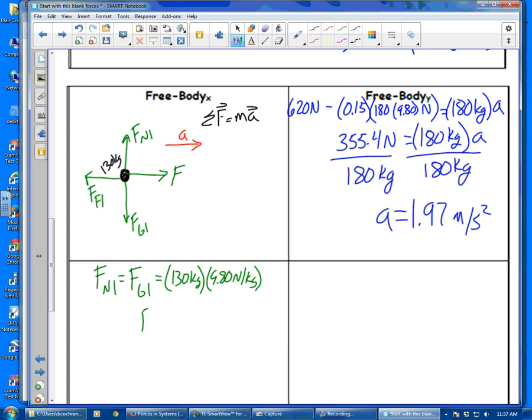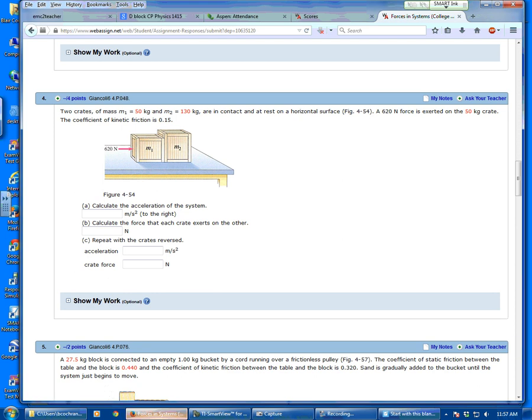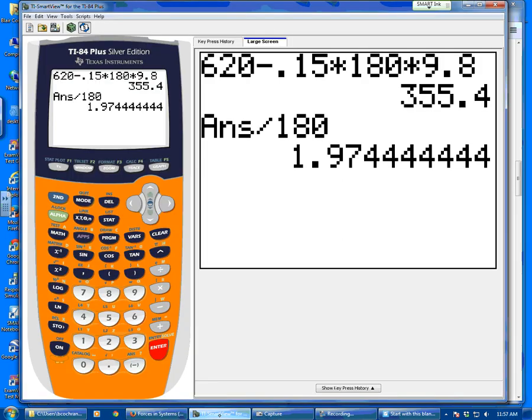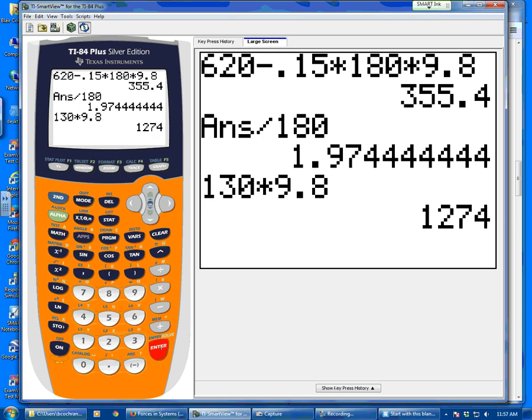So force normal 1 would equal 130 times 9.8. 1274.